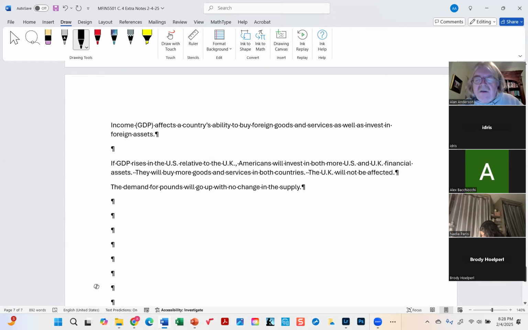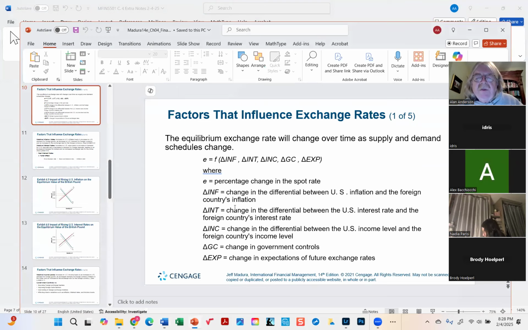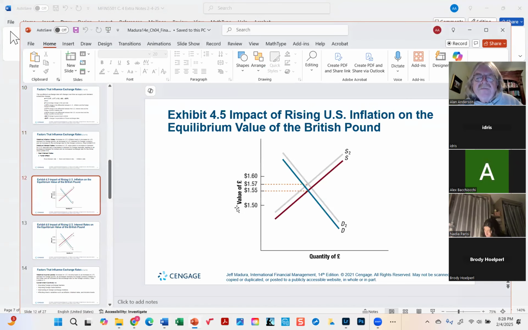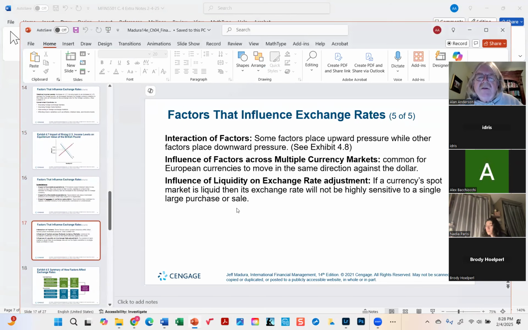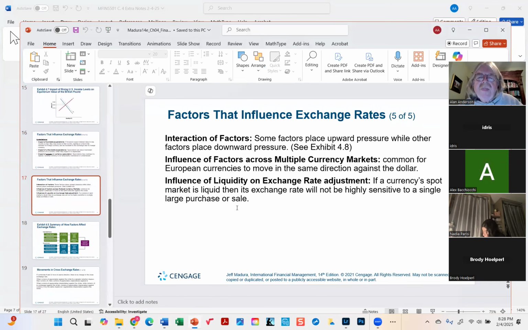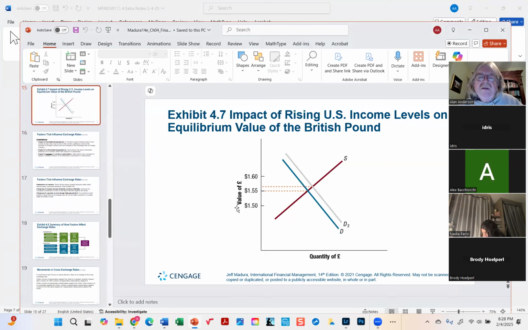Notice, because this does not affect the ability of the British to buy our goods and services, the impact will be entirely felt on the demand curve. Oh, they don't have a separate graph for that. Oh, yes, they do. So you can see the American demand will go up with no change in the supply.